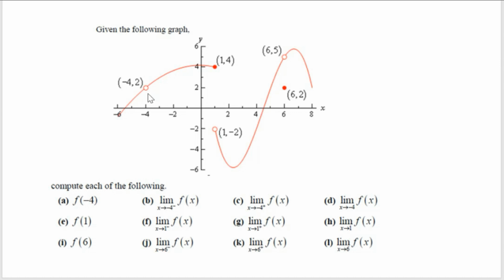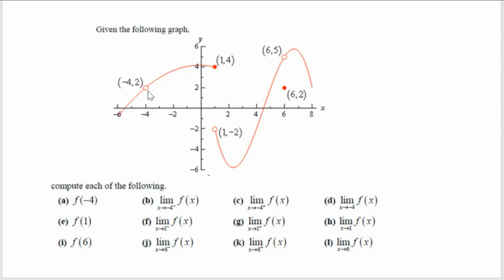That is an open dot. In order for f of negative 4 to exist, it should be a closed dot. Again, there is no closed dot for this value of x, and so the function does not exist at this point. Take note that in order for this to exist, it should be a closed dot.